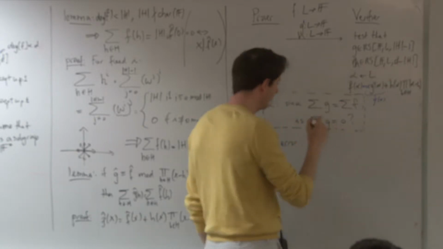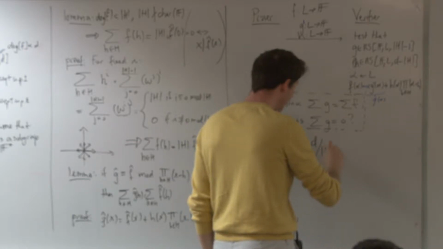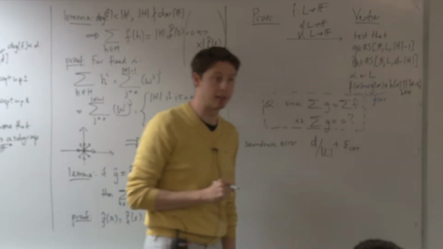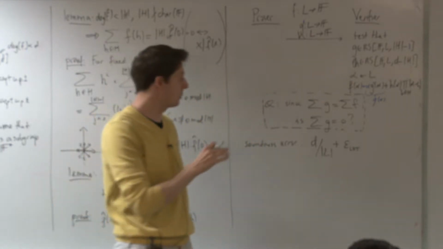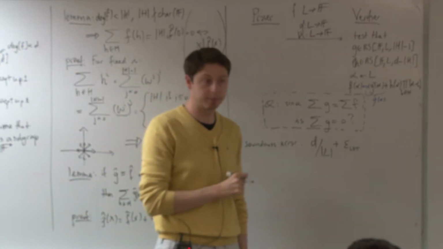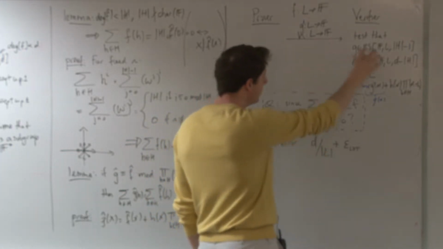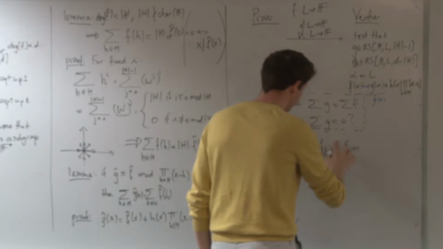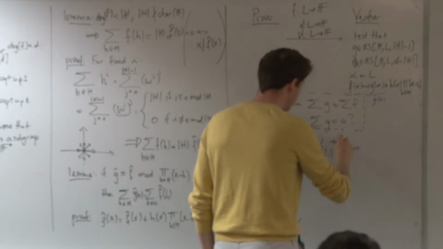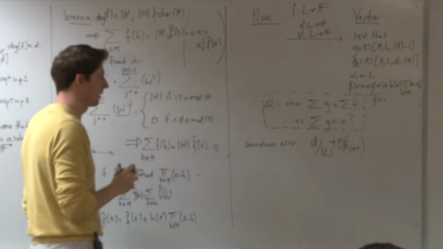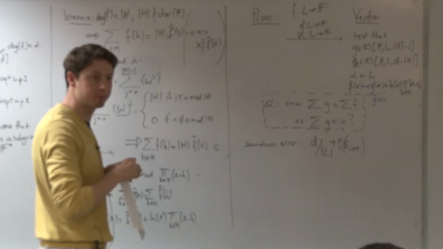So it's D. So it's going to be D over L plus whatever noise I get from the low degree test. If the low degree test will give me 10% noise, I will pay for that. I'm doing multiple low degree tests here, so I'll just put a constant here. You don't even have to pay for that constant, but it doesn't matter.